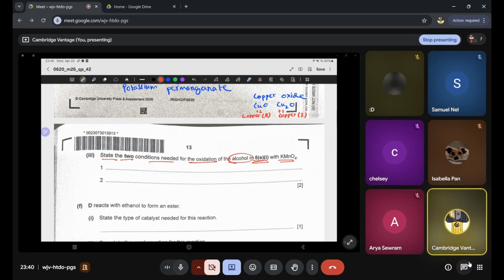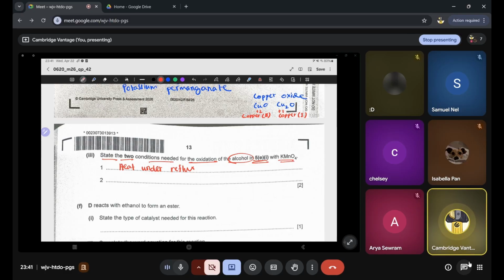Is heat required? Instead of saying just heat, I would have you write heat under reflux. That would be more appropriate. For oxidation, we heat it continuously until it has completely reacted, so that none of the alcohol remains and all of it is converted to carboxylic acid.